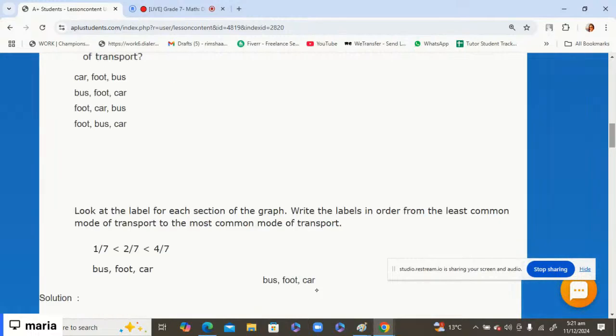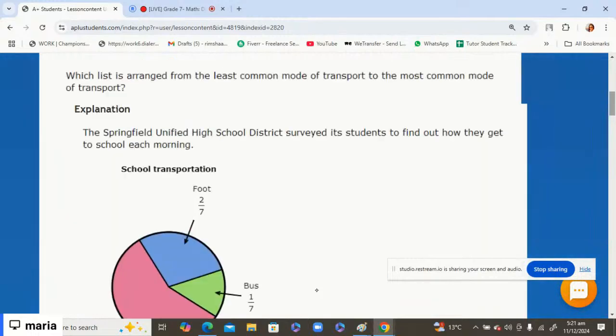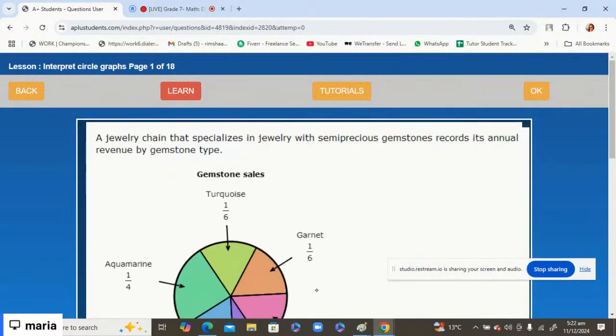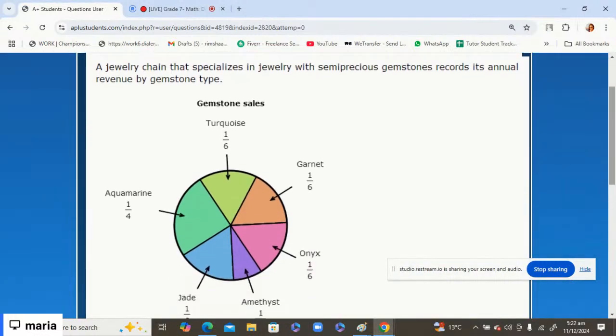Let's do some test questions for that. A jewelry chain that specializes in jewelry with semi-precious gemstones recorded its annual revenue by gemstone type.